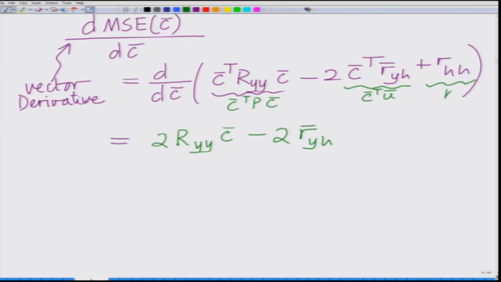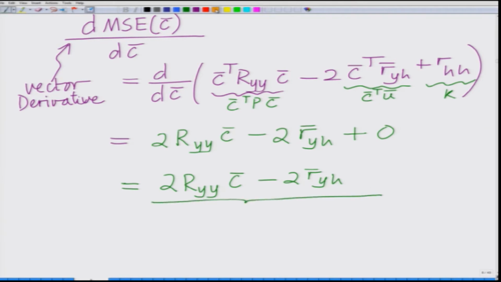And R h h is a constant, so the derivative of this with respect to c bar equals 0. So, the derivative of the MSE with respect to c bar is twice R y y c bar minus twice R bar y h. This we have already seen, dMSE with respect to d c bar.